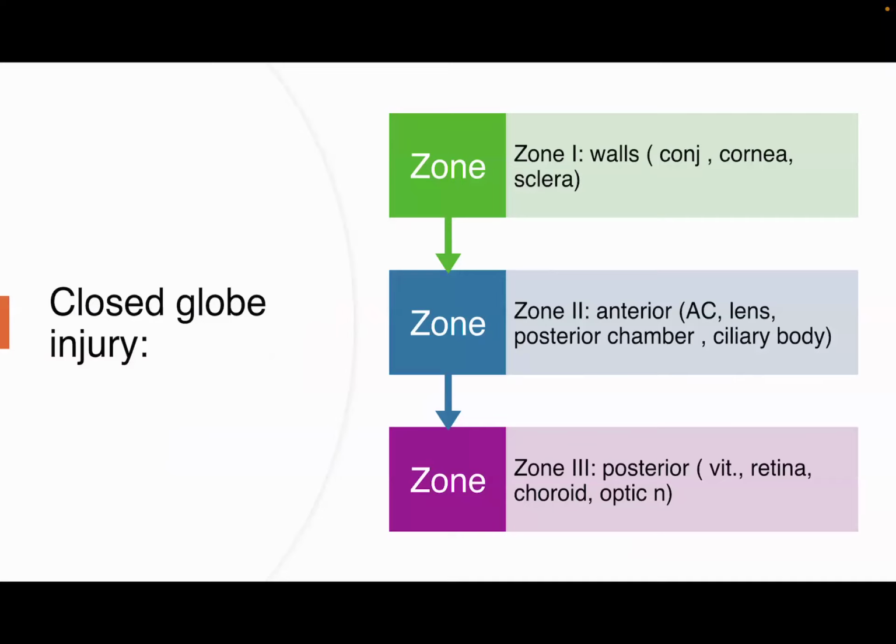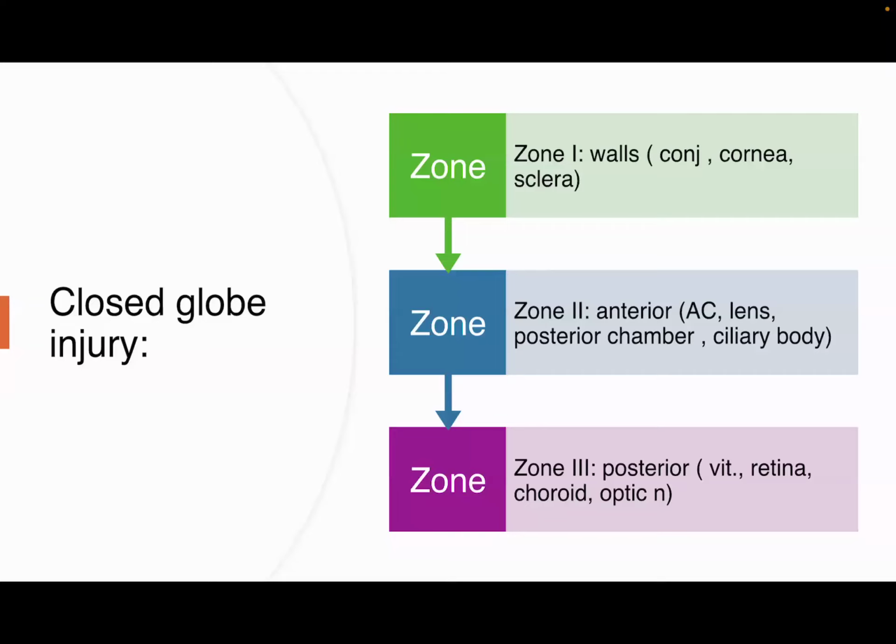Zone one means that the injury involved the walls only, either the conjunctiva, the cornea, or the sclera, or any two or three of them. We are classifying it as closed, so there should be no cutting wound, no open injury. So the wall is involved, going from outward inward, but there is no injury inside the eye itself.